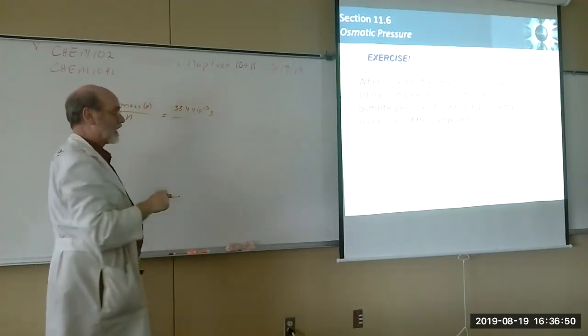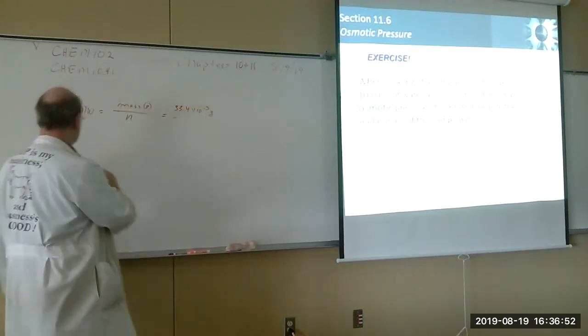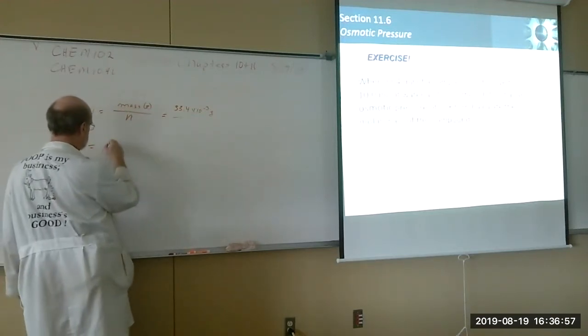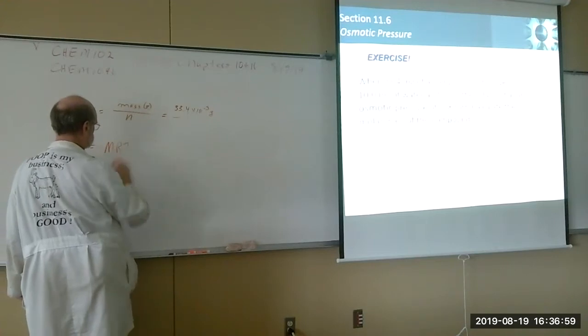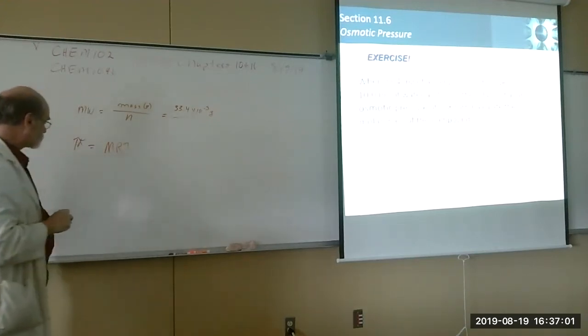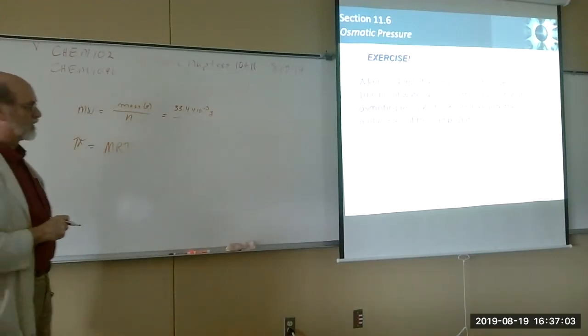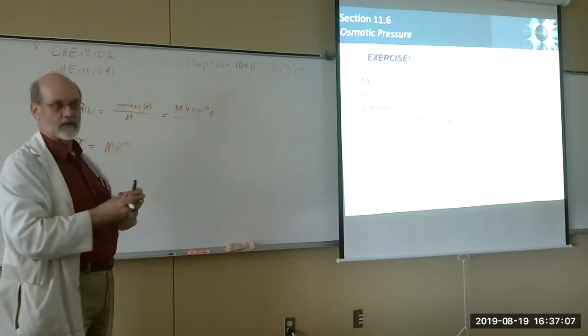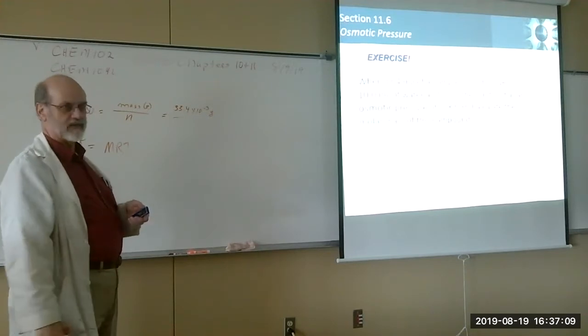Now we just need to figure out how many moles. Well, we can use osmotic pressure is equal to MRT. We don't need i because we're specifying that we have no dissociation of the molecule. So we don't need the van 't Hoff factor.